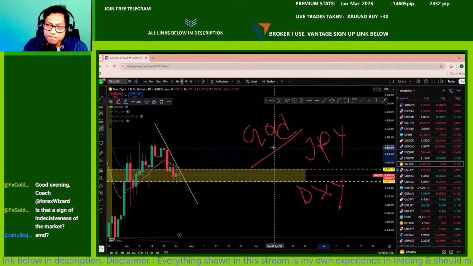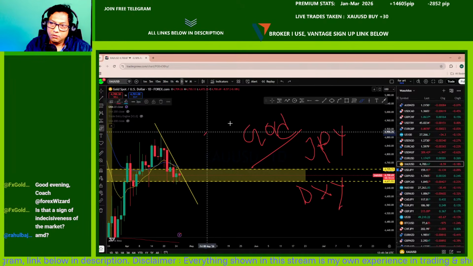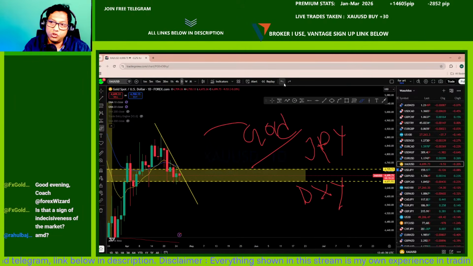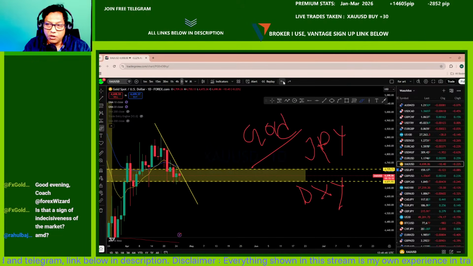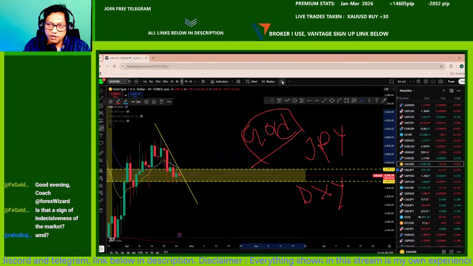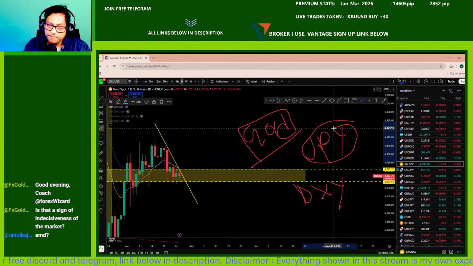But among them, gold is considered to be the most safe haven. Why? Because you can't print gold, unlike anything else. And then comes DXY and then JPY.